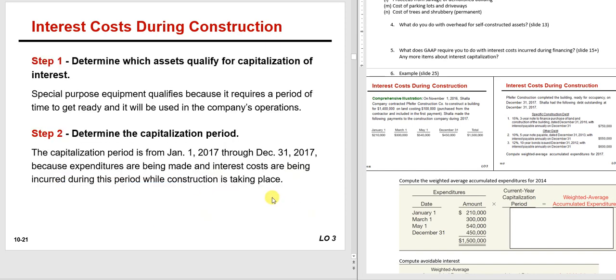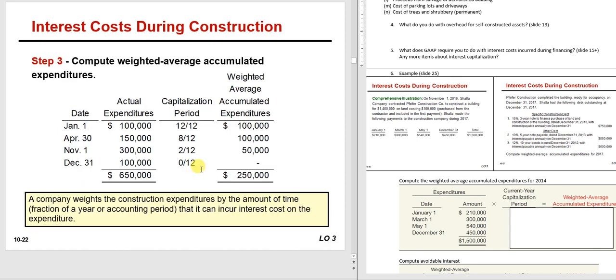Okay, so determine which assets qualify for the capitalization of interest. It qualifies because it requires a period of time. So in other words, we have to build it and it'll be used for us. The capitalization period is the time that we're constructing it until we use it. So January 1st, so a year. And so we would capitalize the interest costs during the year.